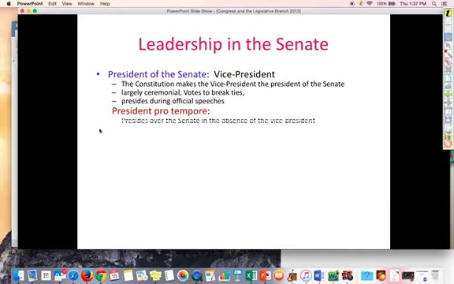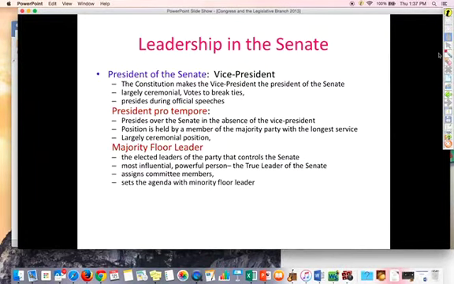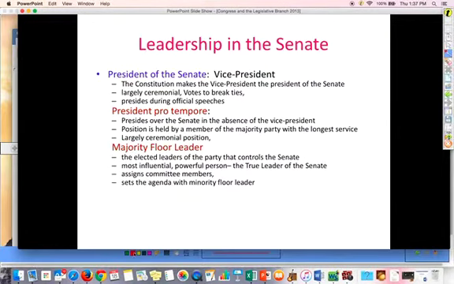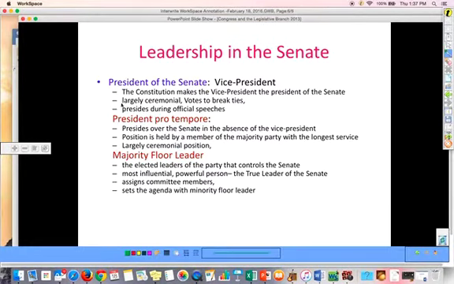Now, the President pro tempore, this is in the Constitution. So let me put these up, and then I'll show you a couple little things. The President Pro Tem is normally the person who presides over the Senate in the absence of the Vice President, so oftentimes you'll see this person.